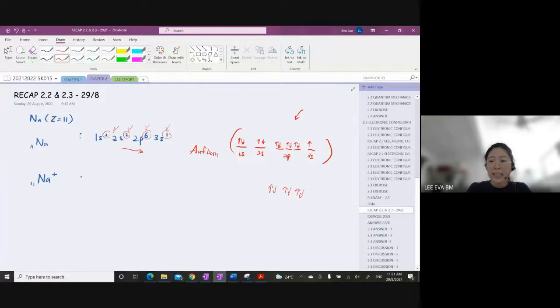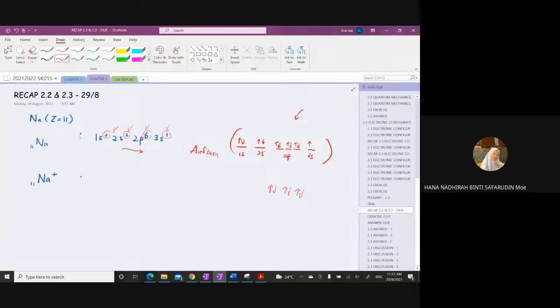Okay, lagi satu kenapa dia tak ikut Hund's rule, sebab 3s untuk s orbital kita tak apply Hund's rule. If you remember what Hund's rule says, for degenerate orbitals, electrons are arranged singly first before pairing up. Perkataan degenerate sangat penting. Kenapa degenerate sangat penting? Dia merujuk kepada apa?